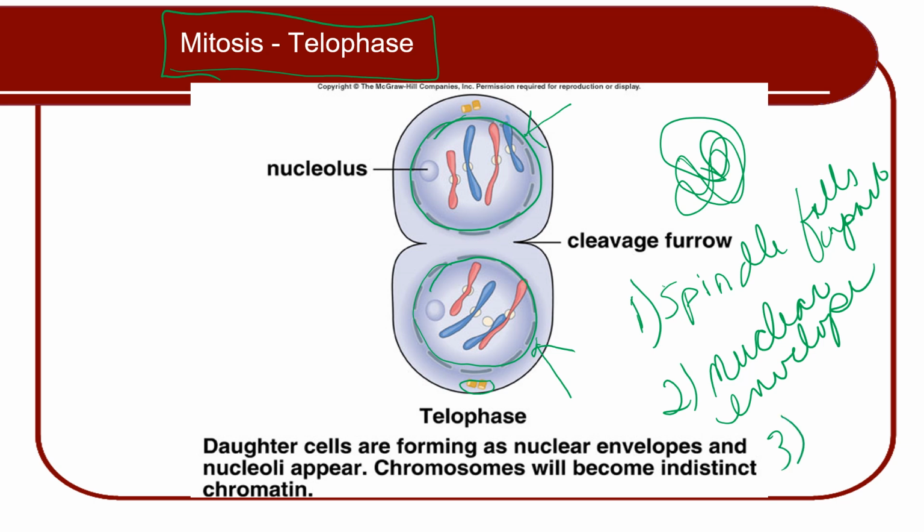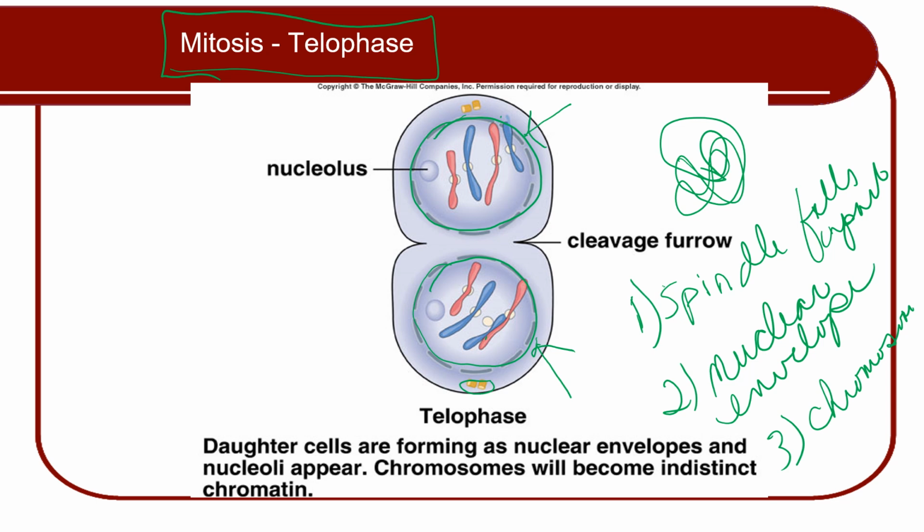And the third thing is that the chromosomes decondense, or they're not the little X-shaped anymore. So you now have 2 identical nuclei inside of the cell.